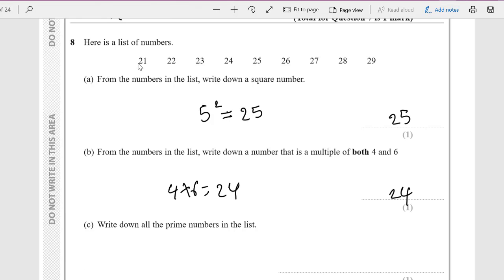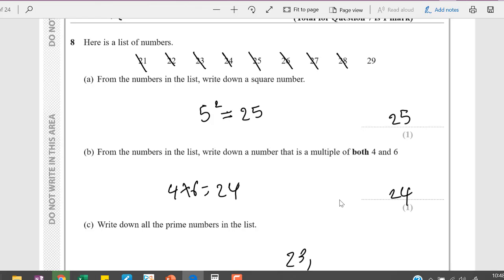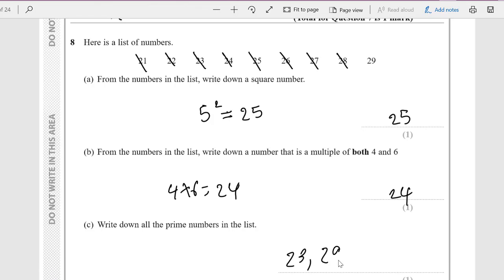So let's go through it. This can be divided by 7, can be divided by 2, 23. Okay, so that's our first prime number. This can be divided by 2, can be divided by 5, can be divided by 2, can be divided by 9, can be divided by 2, 29. Okay, so that means 29.